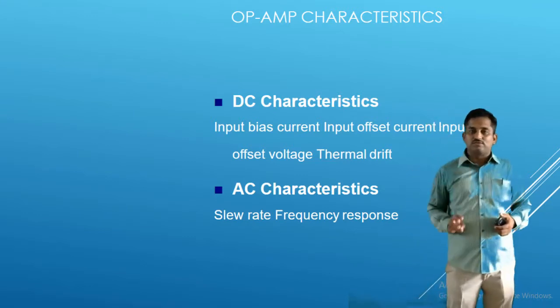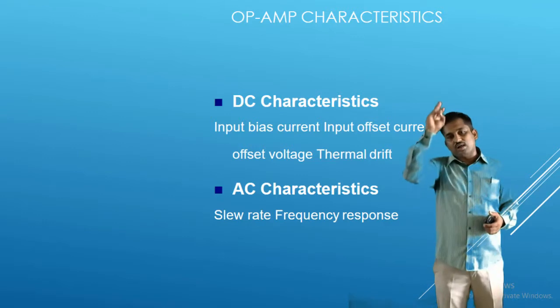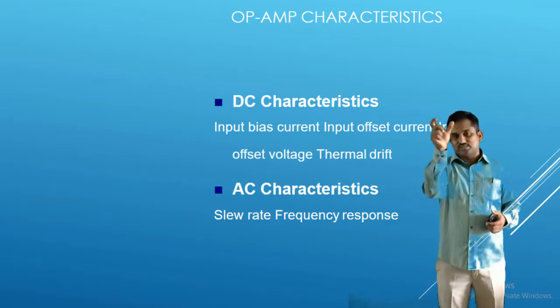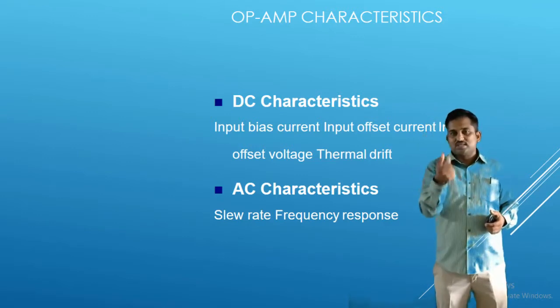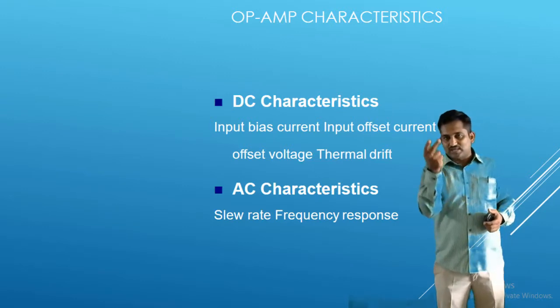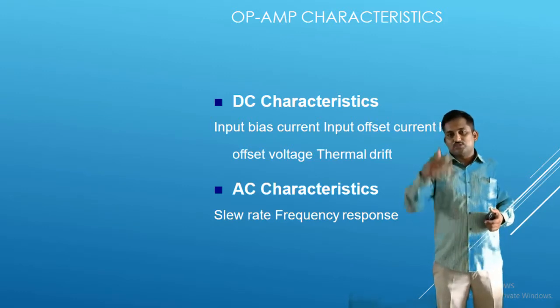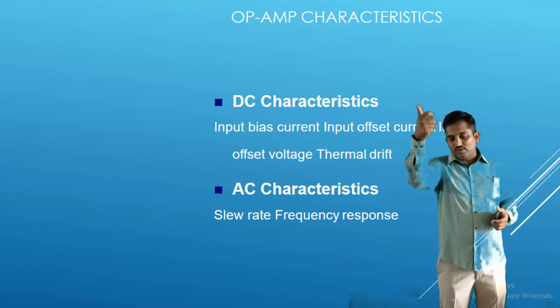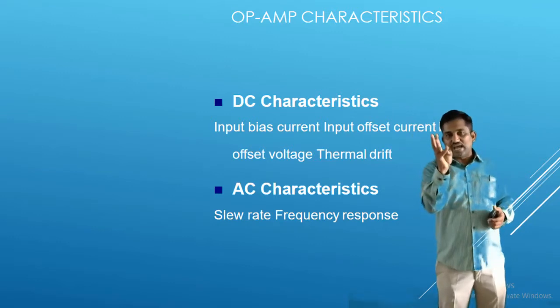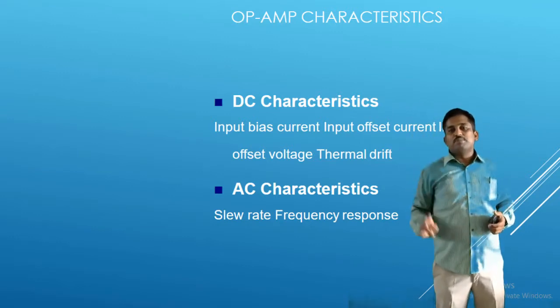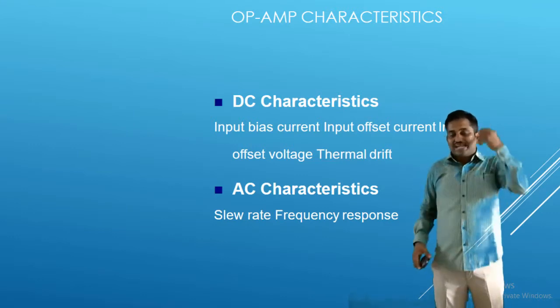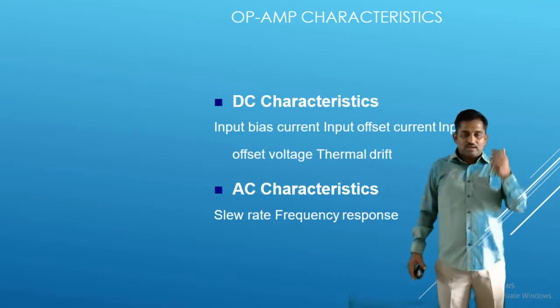In the thermal drift, we have to explain all the DC characteristics. Till now we discussed input offset voltage, input bias current and input offset current, which are expressed in variations of time, temperature and power supplies. So that will be explained in the thermal drift.